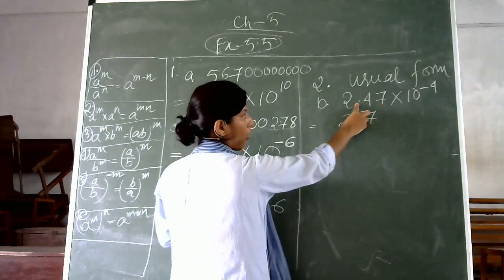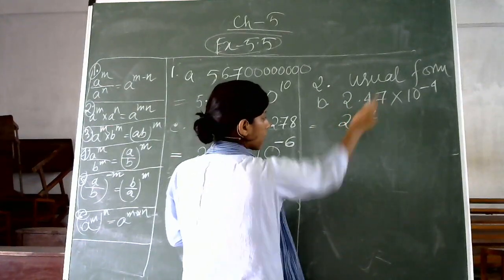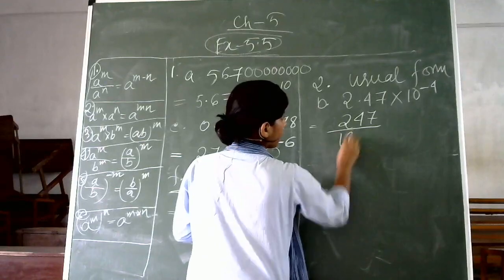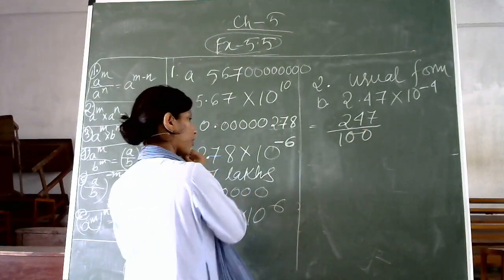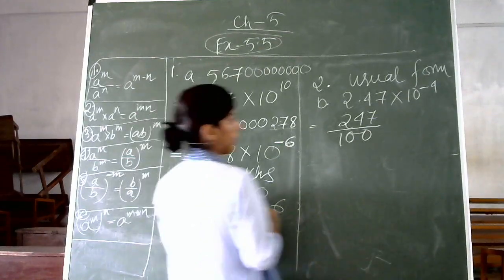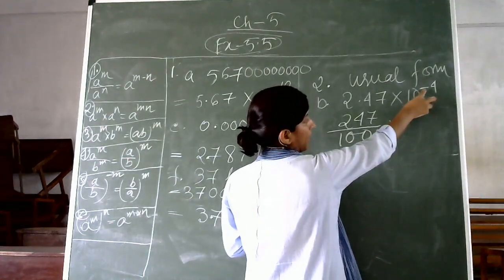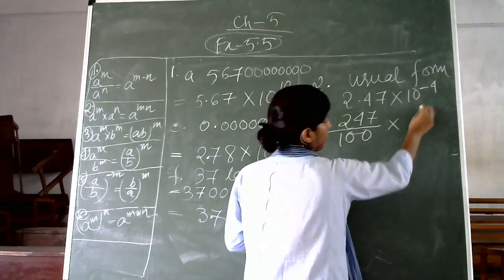So after 4, how many digits? 2 digits, right? So I can write it like this. Correct? Why? Because 2.47 is 247 divided by 100. Now this power is negative, right? So it will be like this.